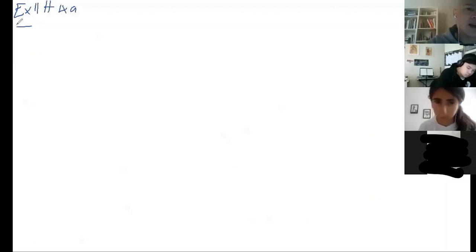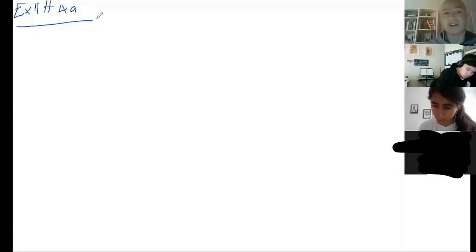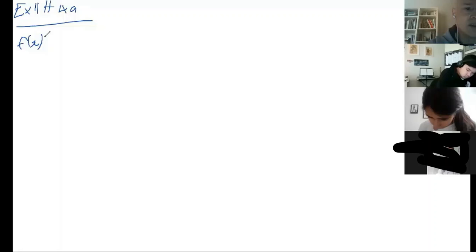Okay, so this is 11H question 4 part A. And it says f of x equals that, find f dash of x. So that's the first thing I'm going to do. So f of x equals x log e of 2x.